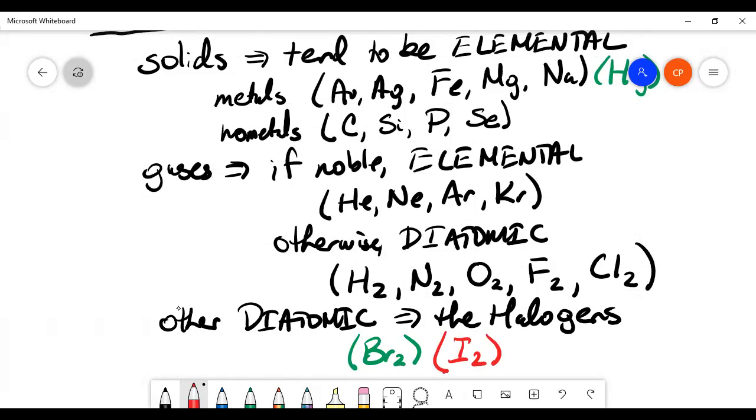Strictly speaking, there's another one underneath iodine, which is astatine. But we're not going to come across astatine in Gen Chem 2 ever. Those of you who go on and do inorganic chemistry, you might come across astatine then.